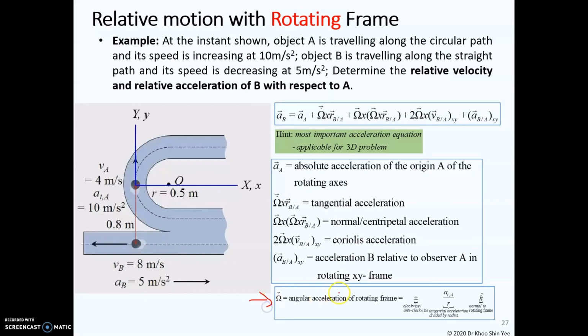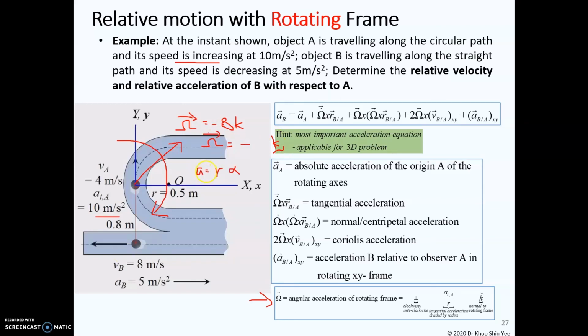To find the angular acceleration of the rotating frame, we can use this formula. First of all, the rotation of the rotating frame is in the clockwise direction, so the Ω vector, which is the angular velocity of the rotating frame, is equal to negative 8k. Since the tangential speed is increasing at 10 meters per second squared, Ω dot will be in the same direction as the angular velocity, which is the negative k direction.